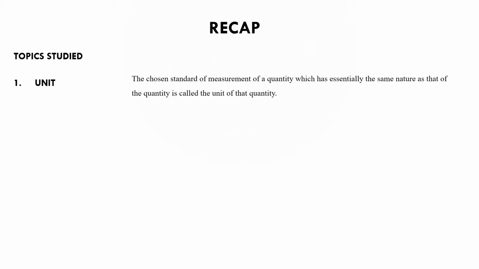So let's start with a recap of what we have studied. The topics studied by us were unit: the chosen standard of measurement of a quantity which has essentially the same nature as that of the quantity is called the unit of that quantity. System of units: FPS, CGS, MKS, SI.